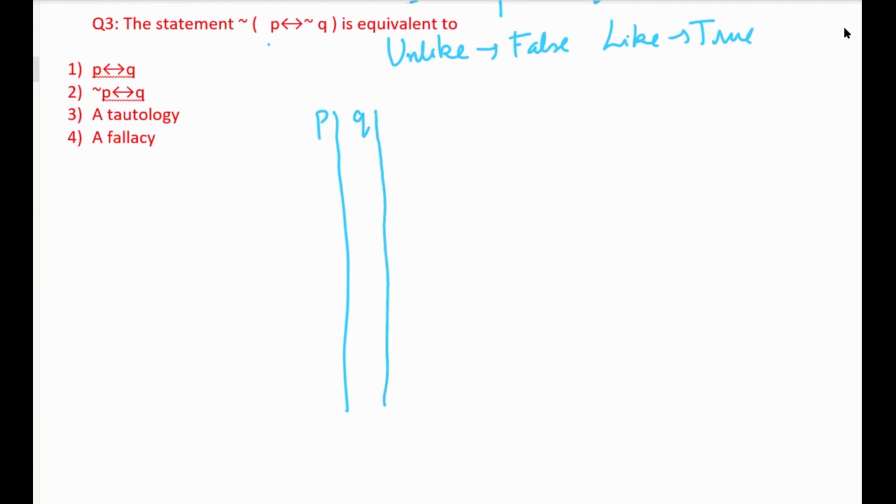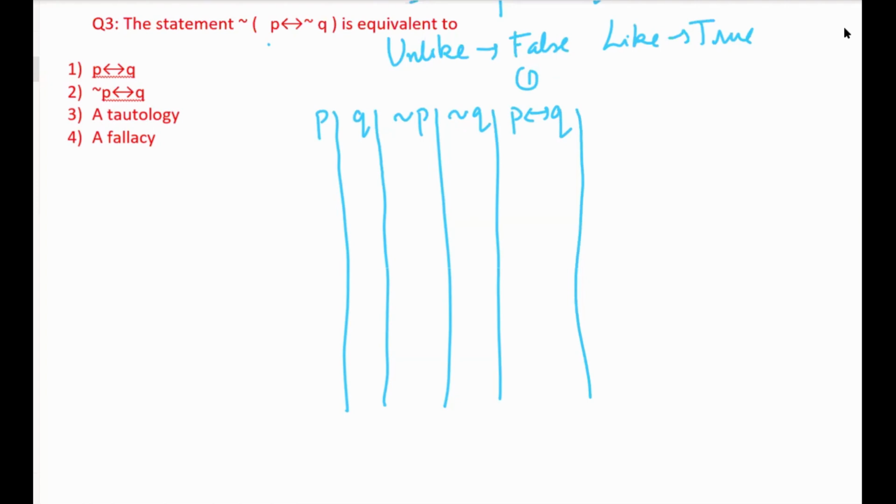P, Q, negation P, because negation P is in the second option, therefore I am writing it here. Negation Q, because negation Q is in my question, therefore I am writing a column of negation Q here. Then I write P if and only if negation Q. This is my first option.